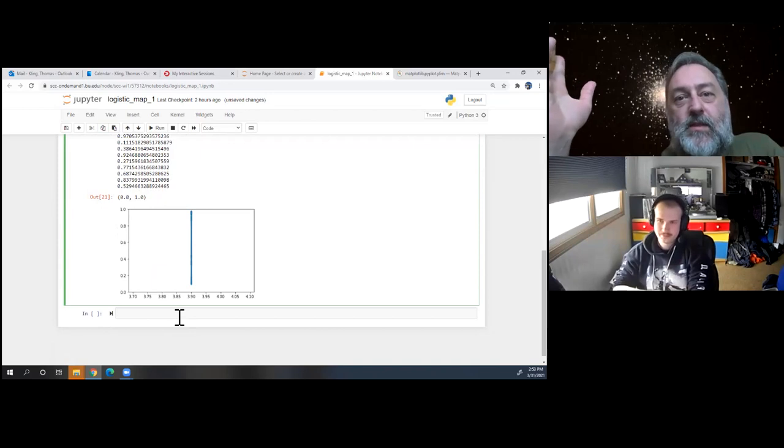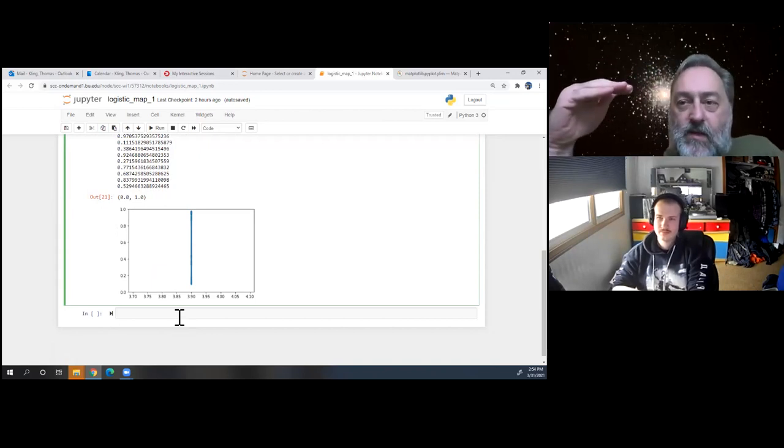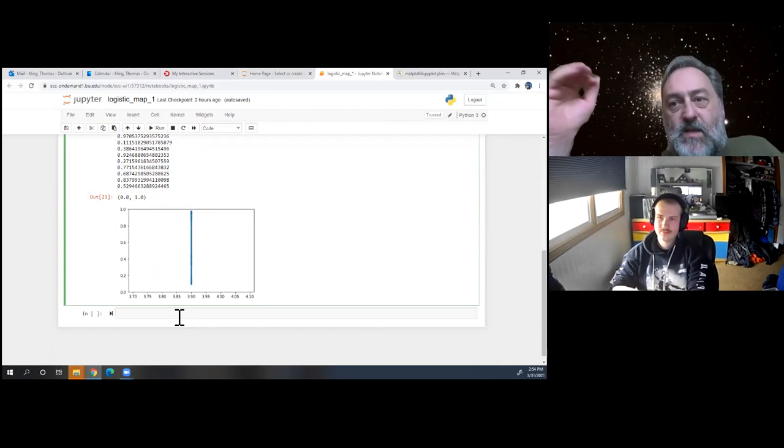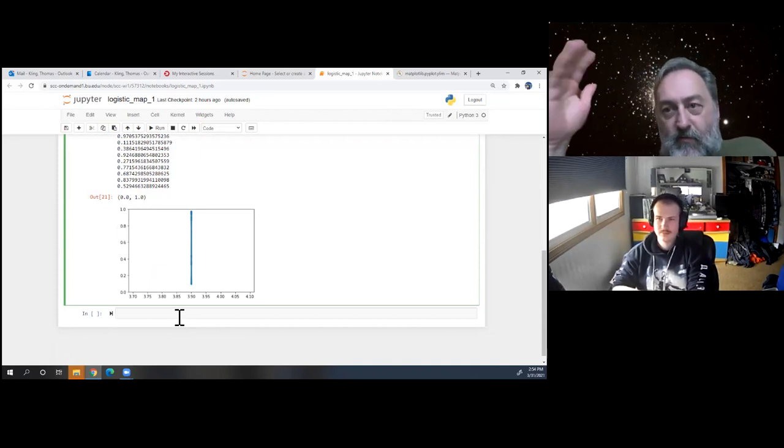So the classic picture of the logistic map is this period doubling to chaos, where the stable limit cycles double up, go chaotic, then you drop back down into well-defined stable behavior, and then it becomes chaotic and drops back down to well-defined stable behavior, stuff like that.